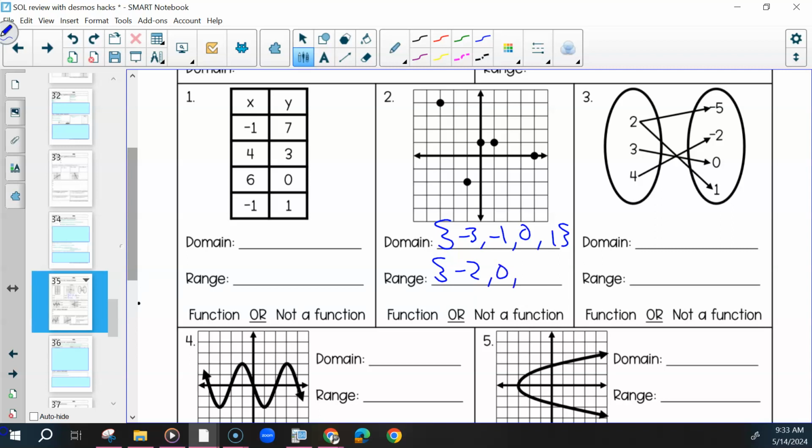So if it doesn't have repeating x's, then it is a function. If it did have repeating x's and they went to 2 different y values, then it's not a function. You can have repeating y values, you just can't have repeating x values.